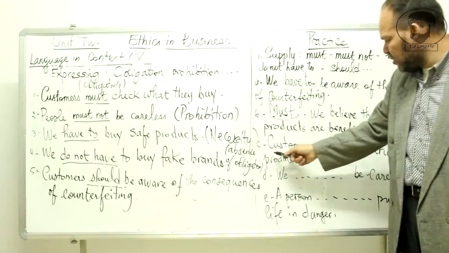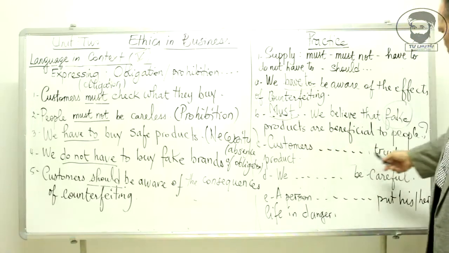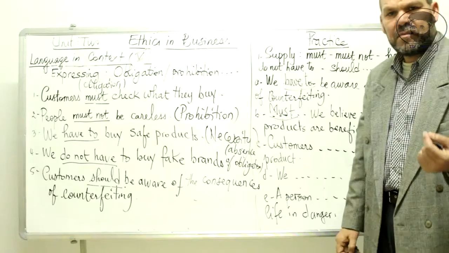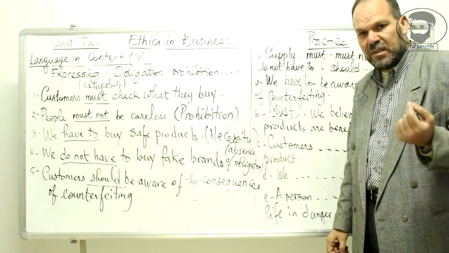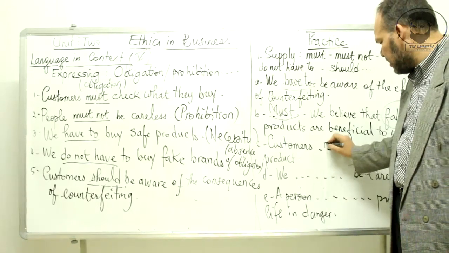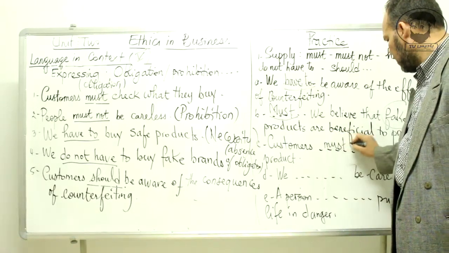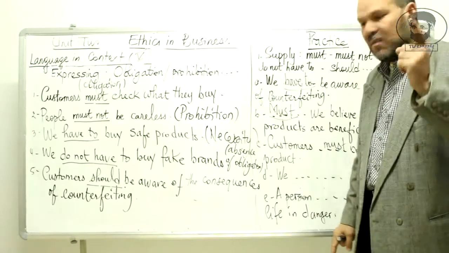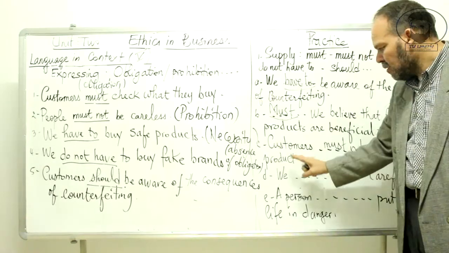Another one: customers, the people who buy, customers trust any product. Now when you buy something, what is it? So customers must not. It's not an obligation, it's a prohibition. Be careful of any product you buy.